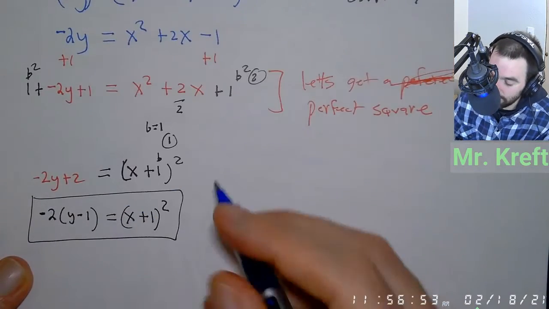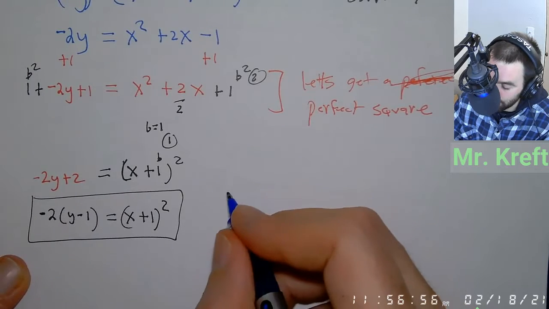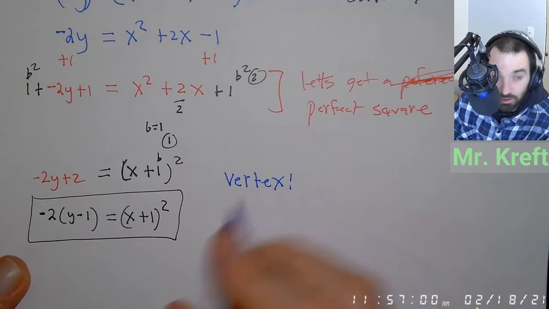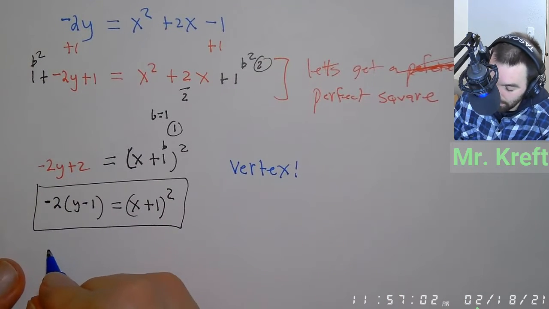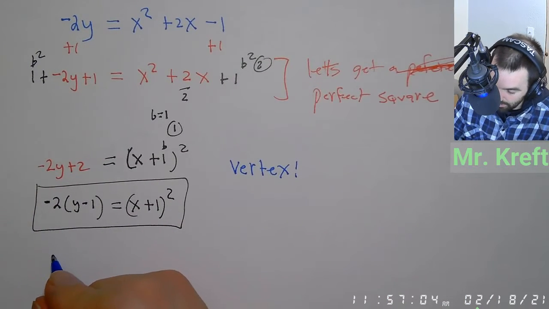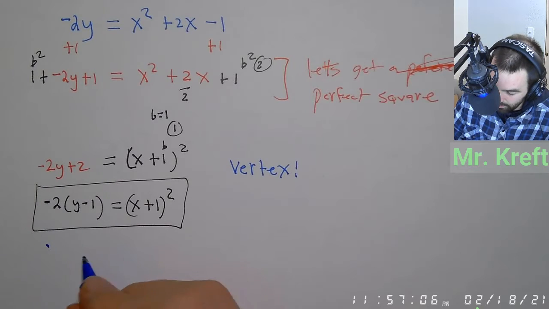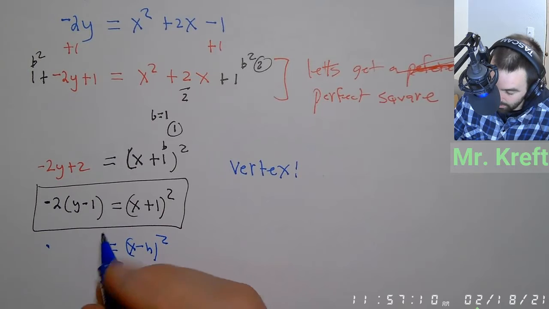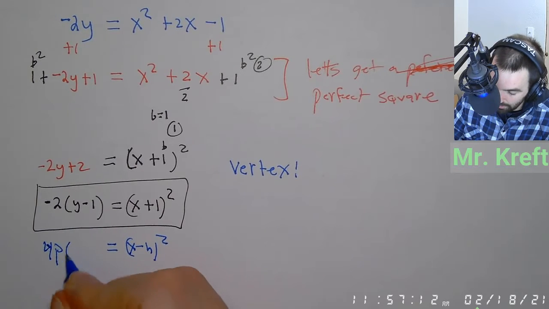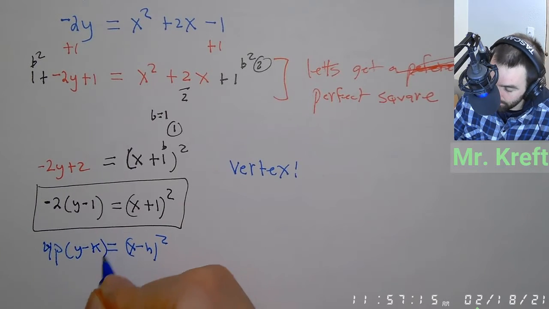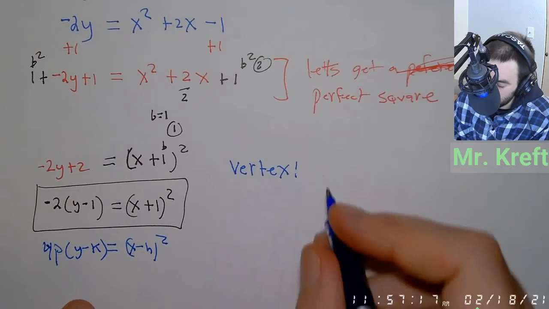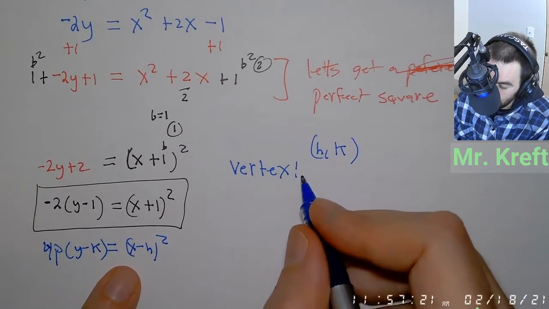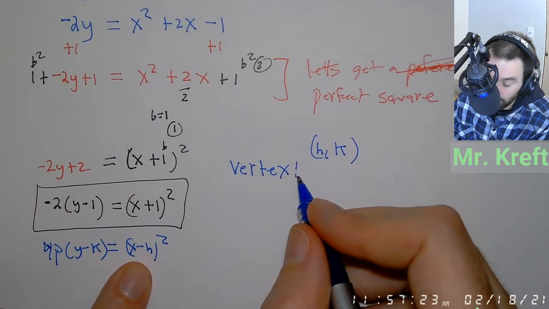So to get my answers now, I have to get my vertex. So remember from my equation, right? My equation here was x minus h quantity squared equals 4p times y minus k. So my vertex is h, k. So let's take a look.